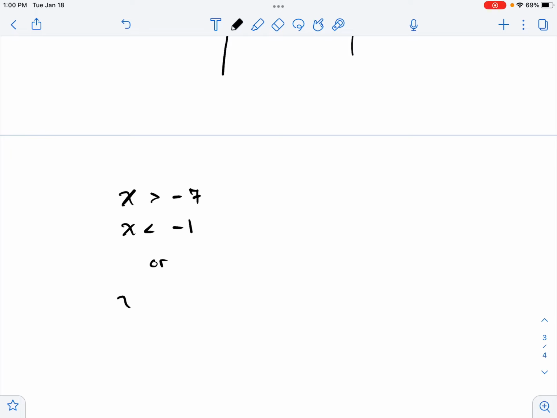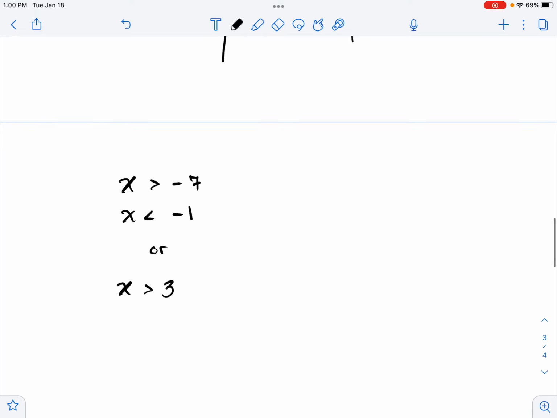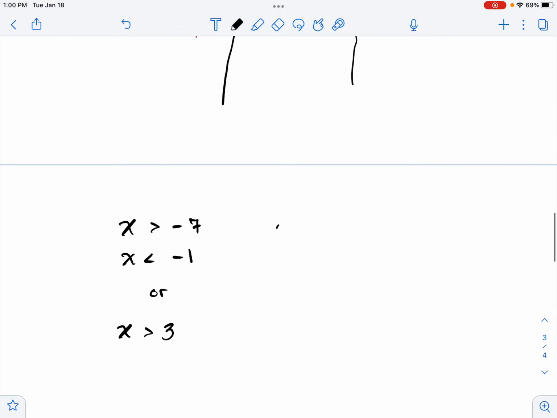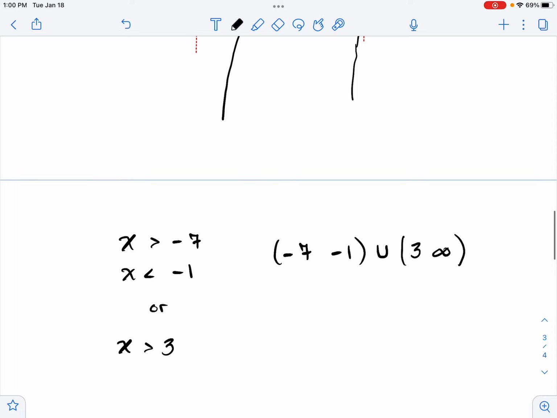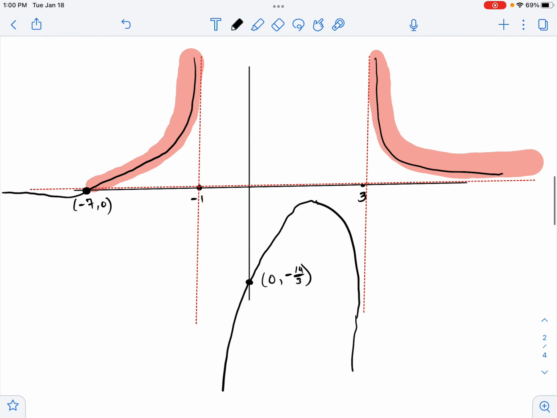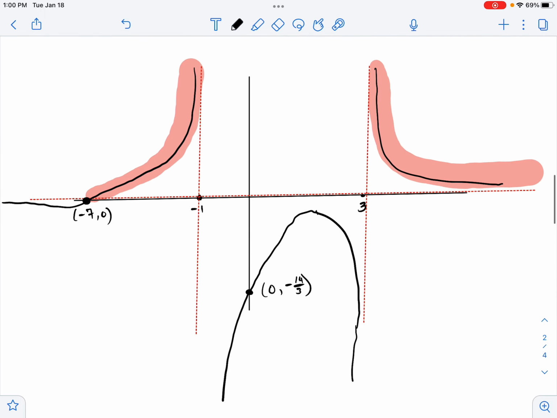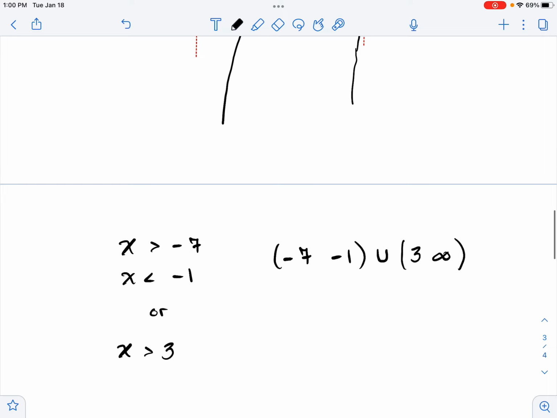I'll write this in set notation that my function is positive from minus 7 to minus 1, union 3 to infinity. So from minus 7 to minus 1 is my function positive, and from 3 to infinity.